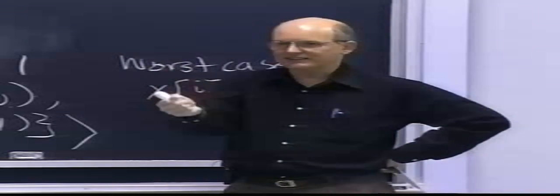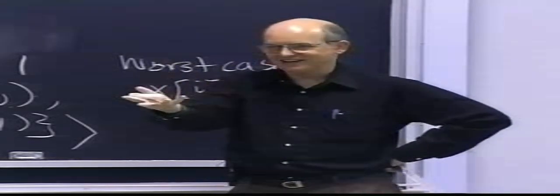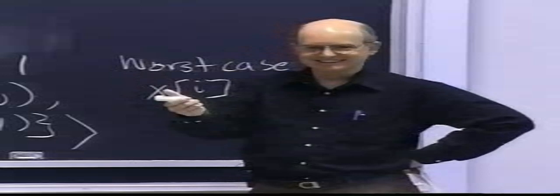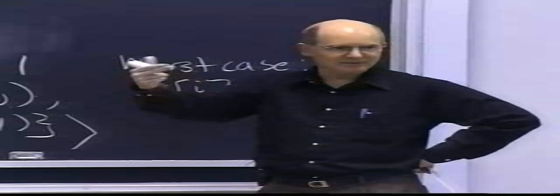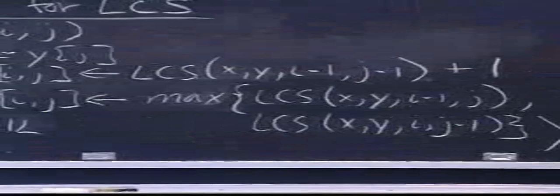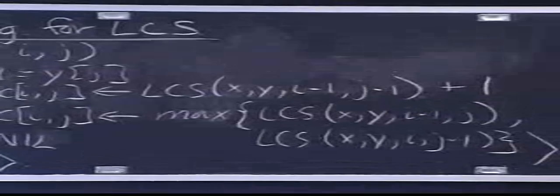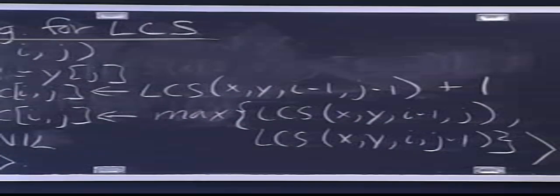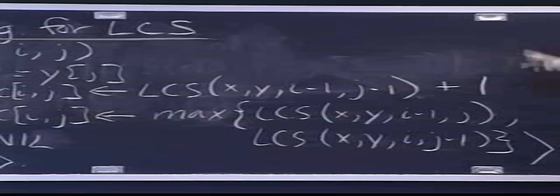But if that cell needs to calculate, it's got dollars to do its lookups, and whatever the other constant amount of calculation, like the plus and the comparisons and so forth. So is that clear? So it's order mn time, constant amount of work per entry.